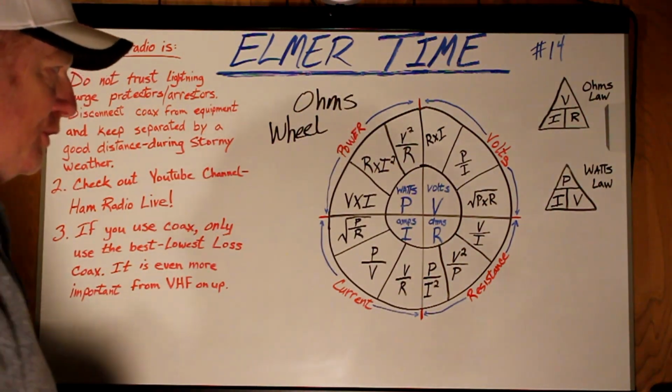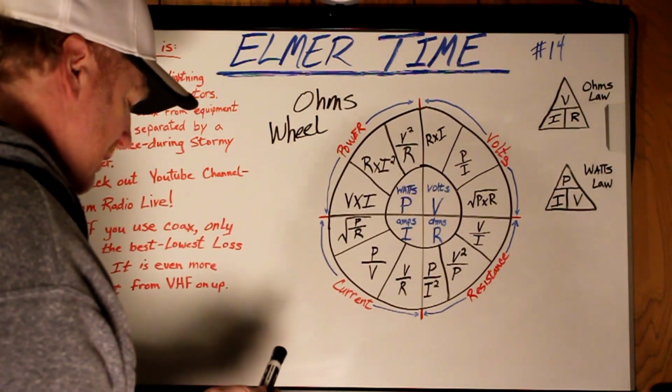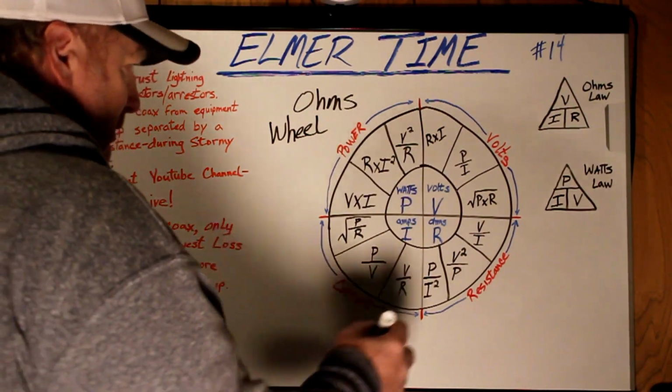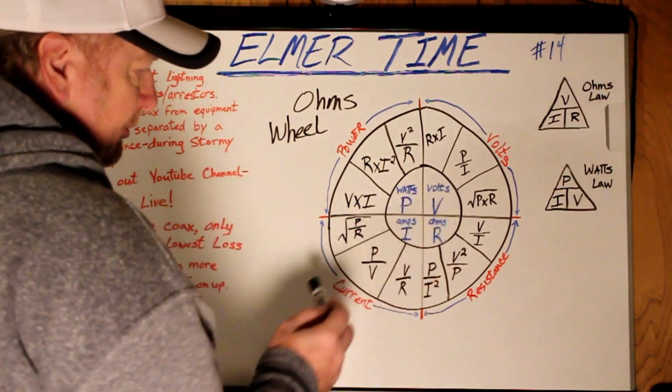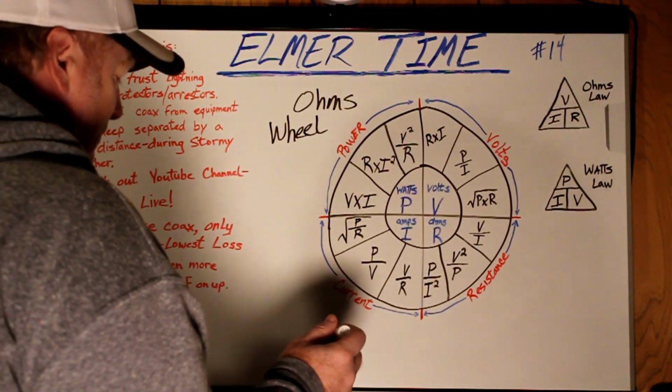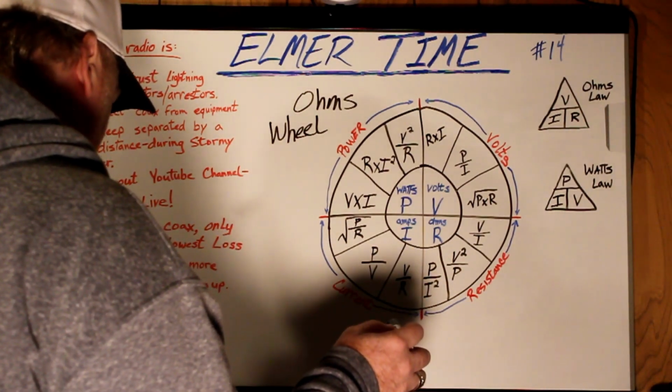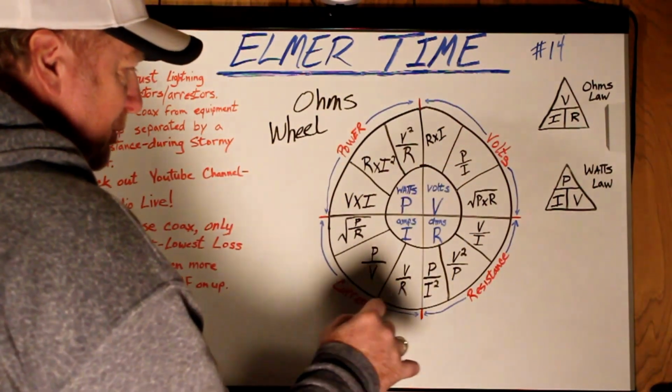As you can see, there's a few more formulas on here. Watts, volts, amps, ohms. What you see here is a mathematical relationship between all four.